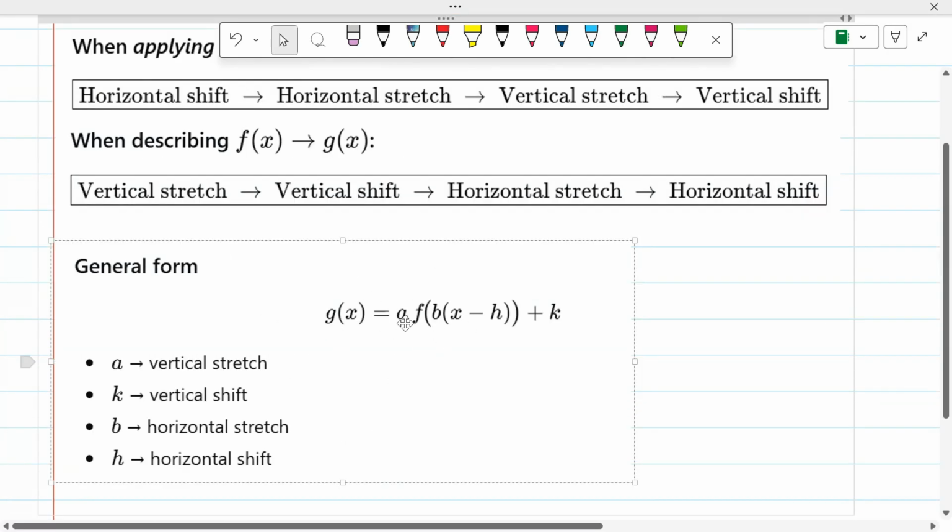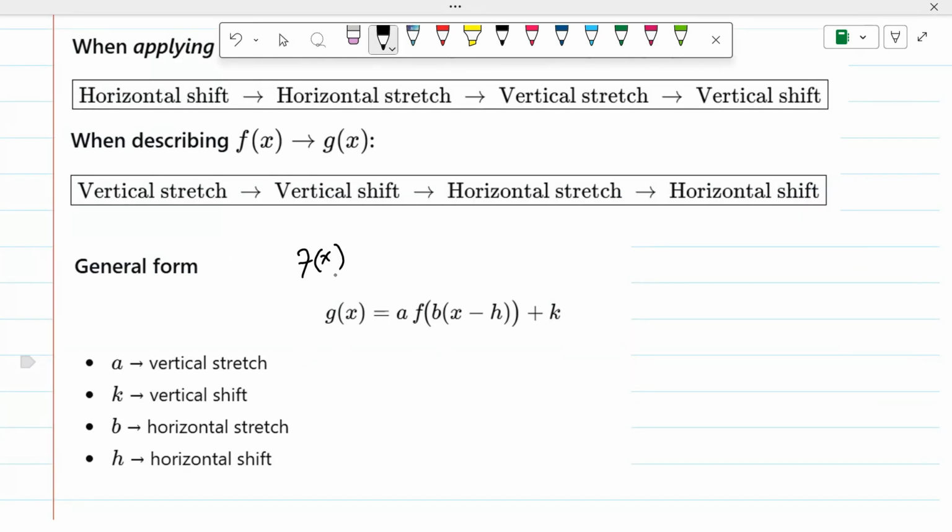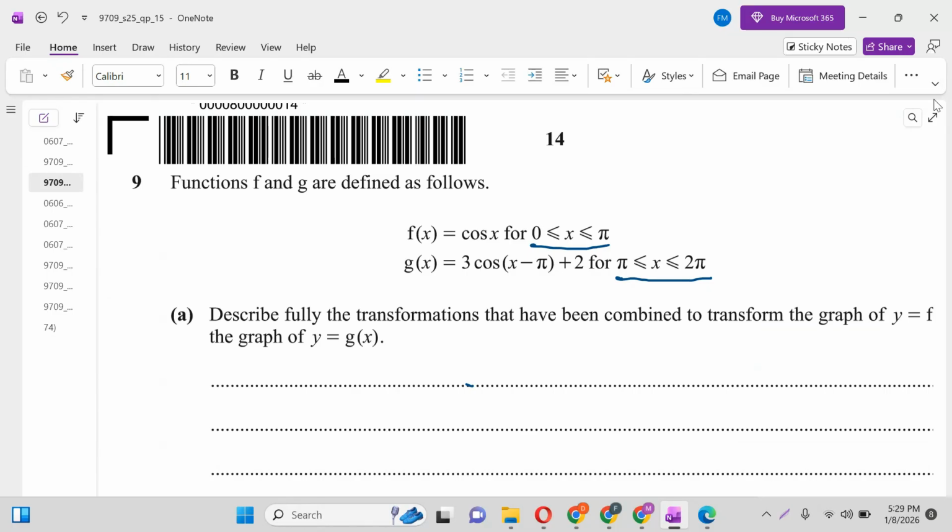For example, when we have f of x and need to find g of x, we have to apply four transformations: vertical stretch, vertical shift, horizontal stretch, and horizontal shift. So the factors a, k, b, h involved in this function will transform f of x into g of x. Here a is the vertical stretch and b is the horizontal stretch, which is f of b, and x minus h is the horizontal shift and plus k is the vertical shift.